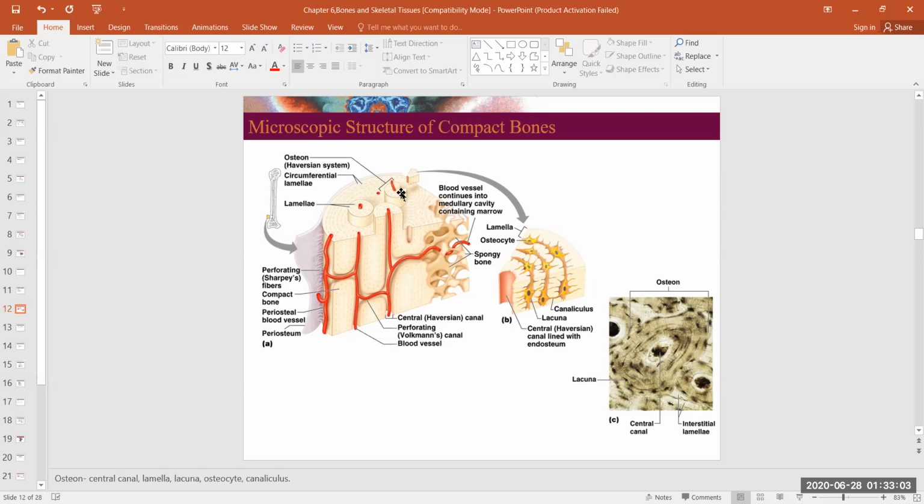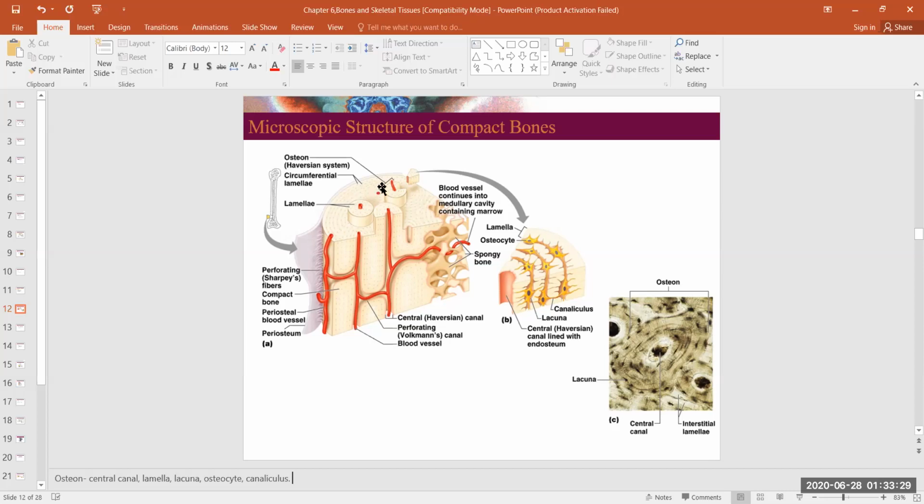So between the osteons, like here, between these three osteons, there is some layer of matrix, and those are called interstitial lamella. So there are three types of lamella. The lamella which is in between the osteons is called interstitial. The lamella which is encircling the central canal is called concentric lamella.